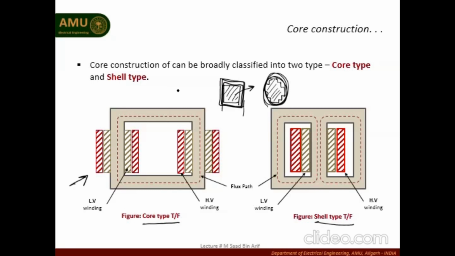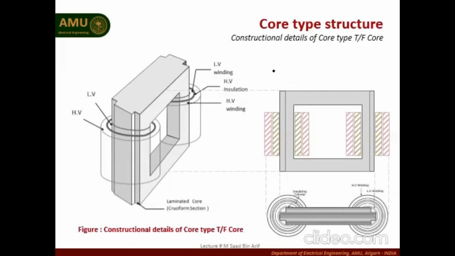So for higher rating core, the cross section is like this, and for lower rating transformers, the core cross section is like this. If you look at a high rating transformer, you will find the core structure like this. This structure is basically provided to reduce the stress on the conductor.